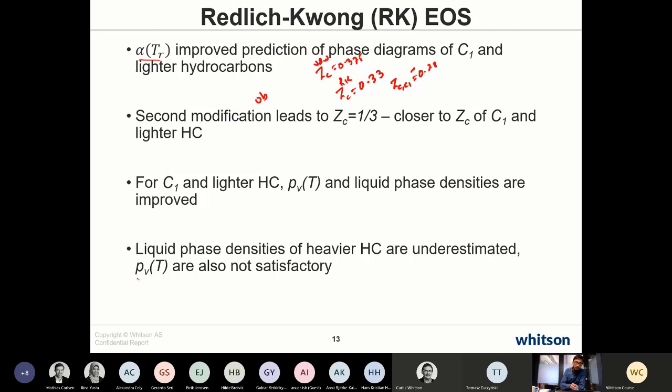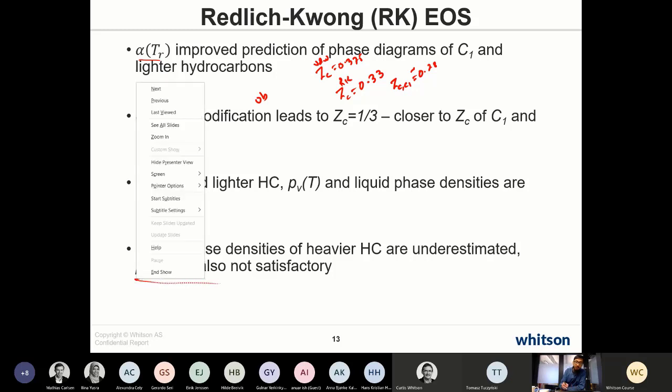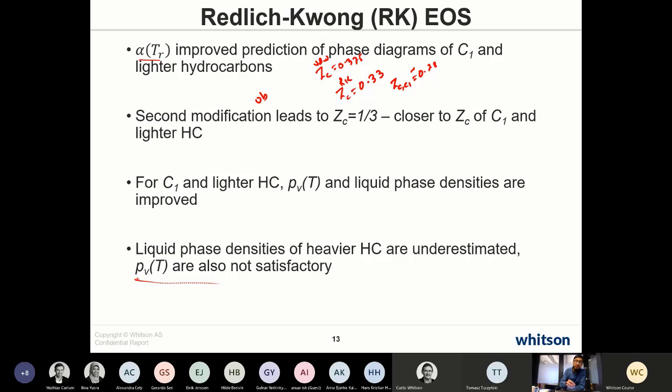Also, the phase behavior, like the vapor pressure curves, was not satisfactory for these very heavy components, because the alpha correction term, which is very simple, 1/√(TR) of the reduced temperature, was not very reasonable for these heavier hydrocarbons.